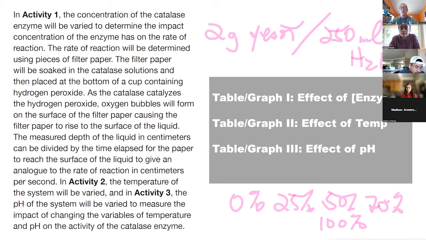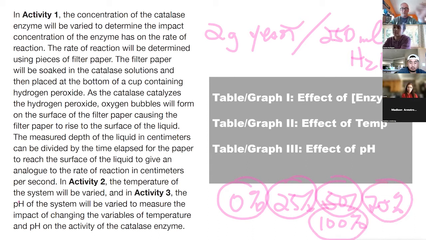So what we'll do is take little discs of filter paper. If you don't have a hole punch to make these little discs, you can cut them out. Just make sure they all get to be the same size. And what we're going to do is soak the filter paper in these different solutions. So we're basically going to impregnate the filter paper with enzyme.